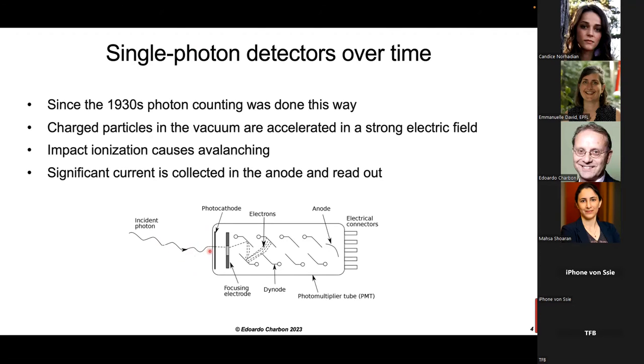Essentially, an incident photon was by photoelectric effect converted into electrons, and then these electrons eventually would be amplified by multiplication until they reach the anode, and then they would be amplified electrically and therefore reveal or detect a single photon.